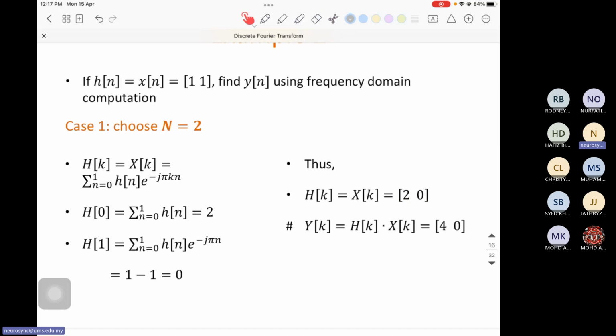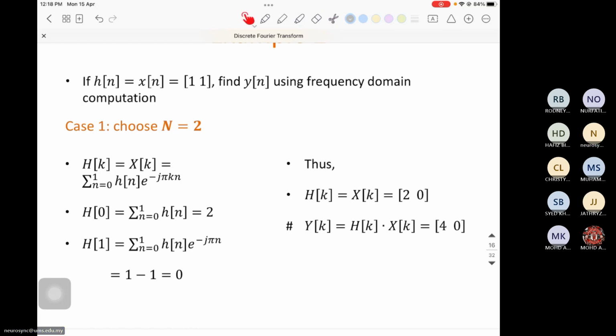What is asked? Y of k. Y of k is basically the product of H of k into X of k. In the frequency domain, this is the product. In the time domain, it was the convolution of x of n and h of n.